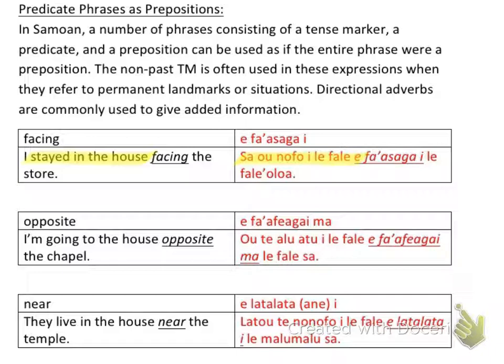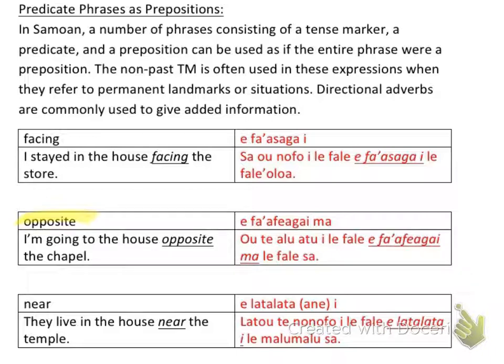But we're extending our sentence structure to indicate where that house is that I'm staying in, okay? So hopefully that makes sense. What I'm saying is facing the store, and so I say e fa'asanga i le fale oloa. This part right here that I've indicated, e fa'asanga i, is the facing part. All that underlined part is the new thing I'm teaching you. And then the store is le fale oloa. Okay, awesome. Let's move on to the next one.